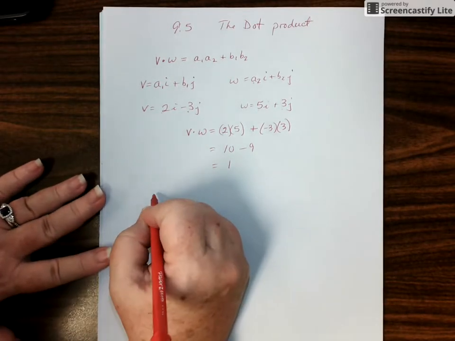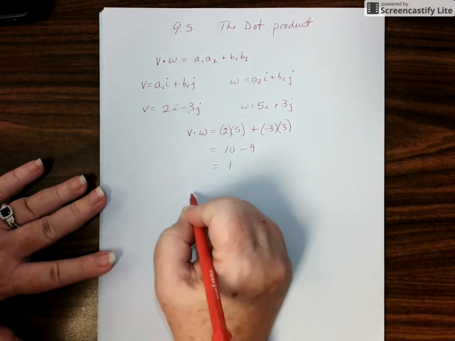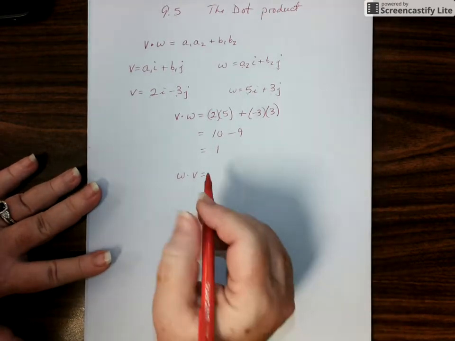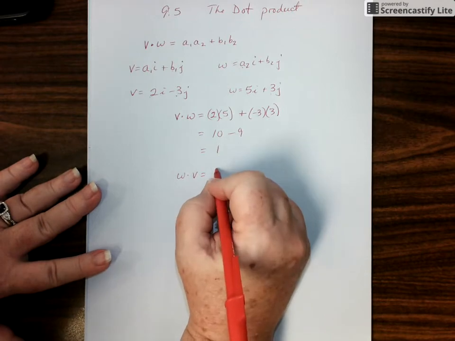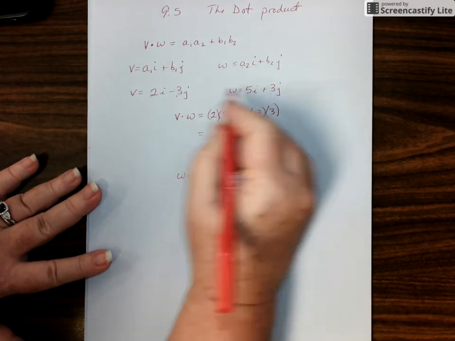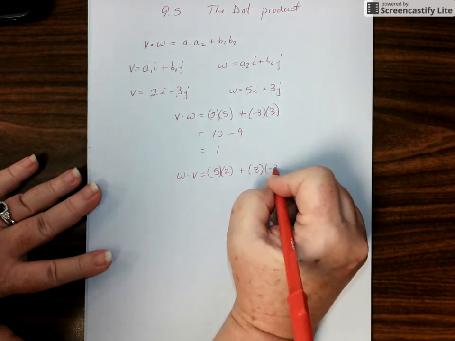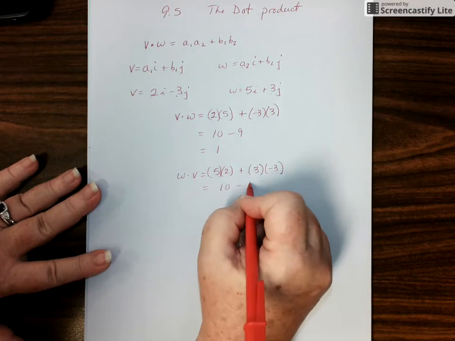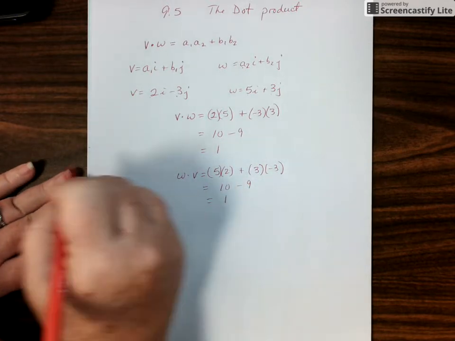Now I want to show you the dot product of w and v. When you have the dot product of w and v, we would do 5 times 2 plus 3 times negative 3. And you'll notice that that is 10 minus 9, which is still equal to 1.